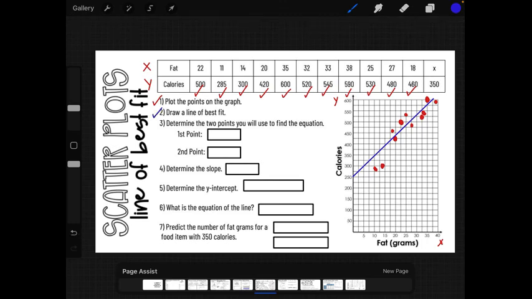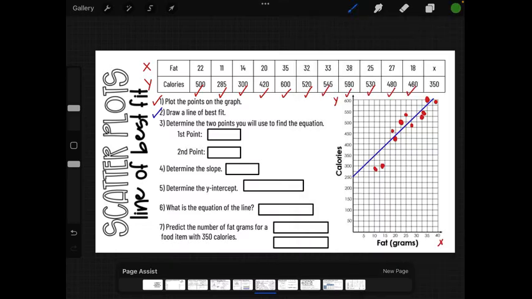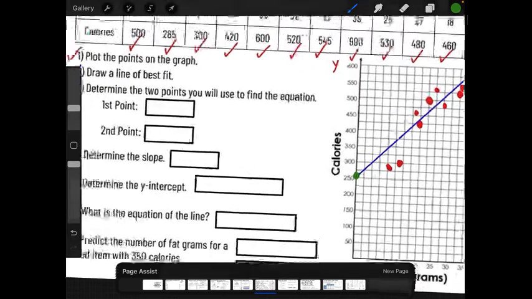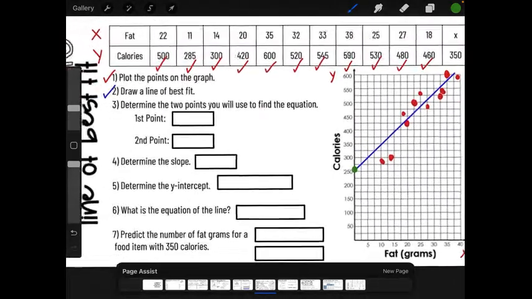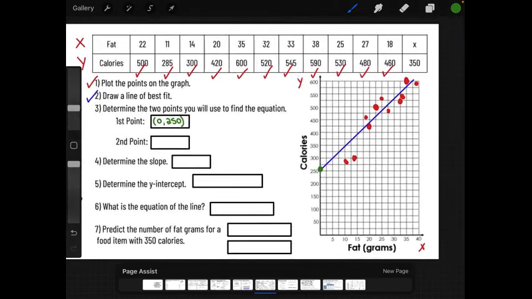Next, we're going to determine 2 points that our blue line, our line of best fit, goes through. So I have a point down here it goes through, like it goes perfectly through that square. That point is where x is 0 and y is 250. Now we need a second point.